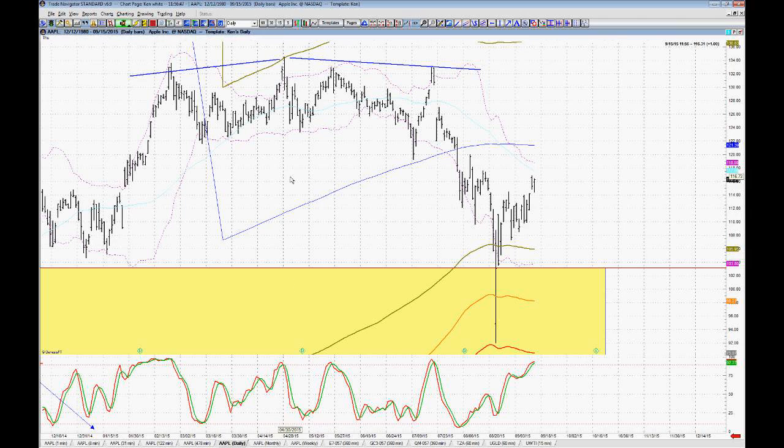How about before that? That was here. That would have been a really bad time to buy. How about before that? That was here. That would have been a bad time to buy. So, is this a bad time to buy?